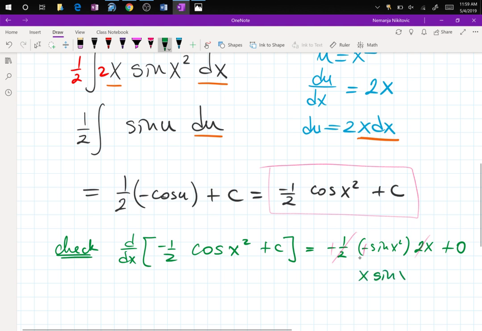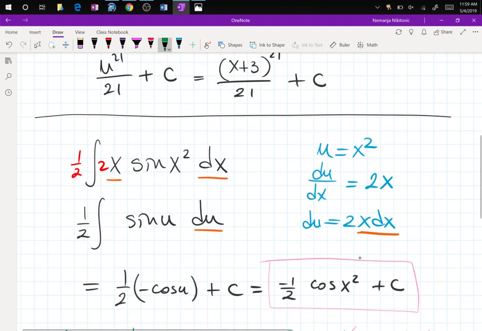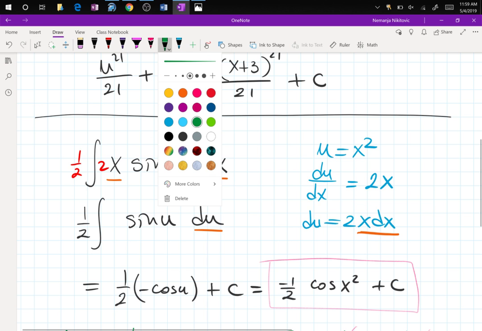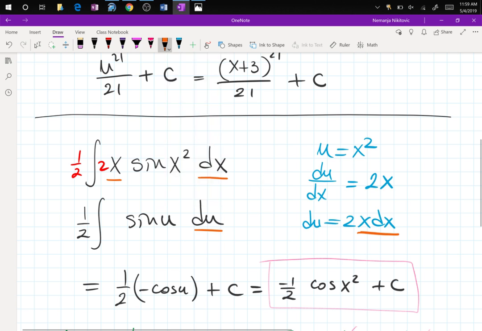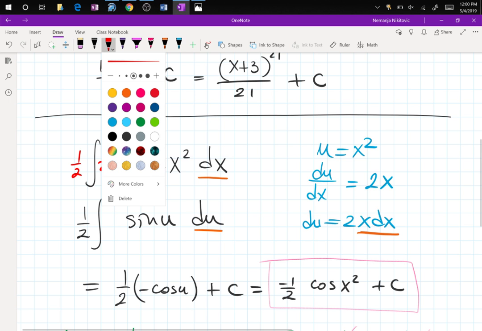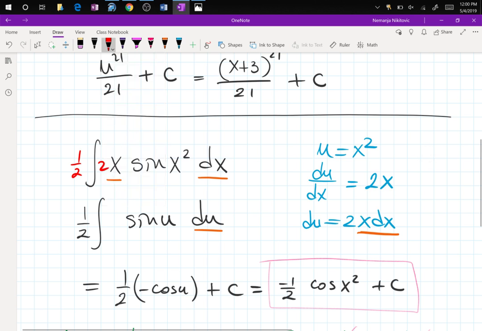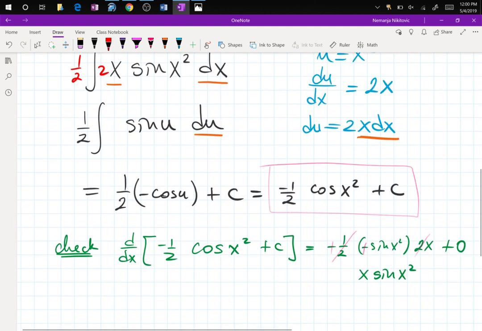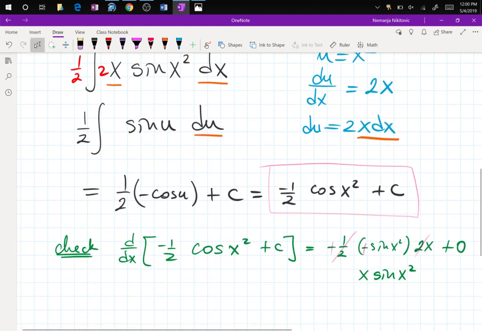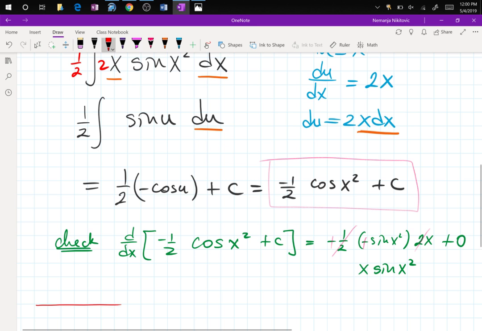X sine x squared, which matches that, and we are 100% sure that our answer is perfect. So you can check. If you care, you can check.